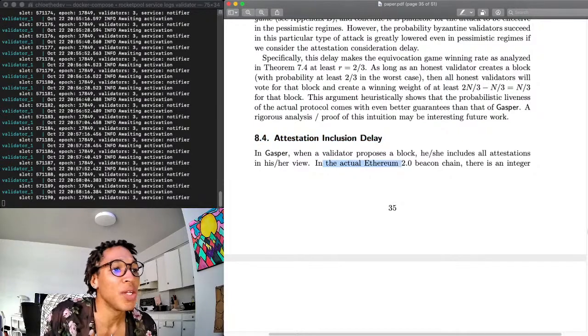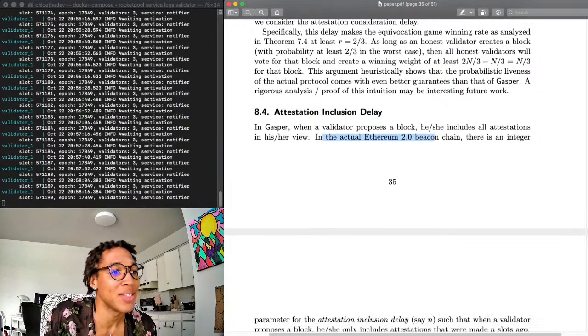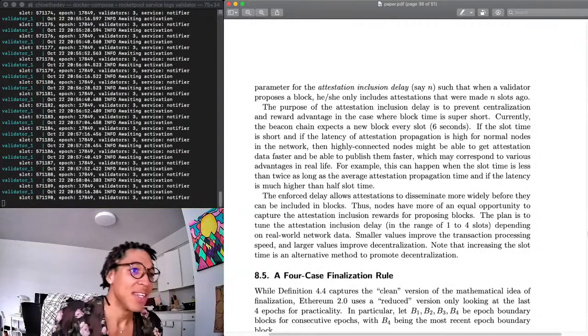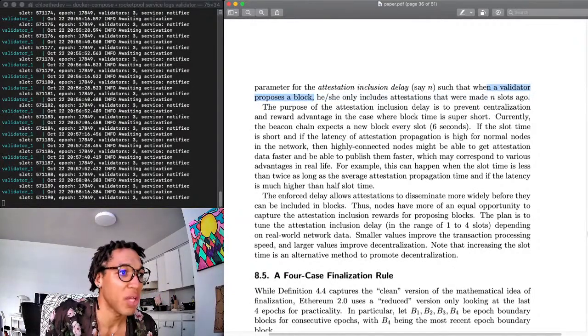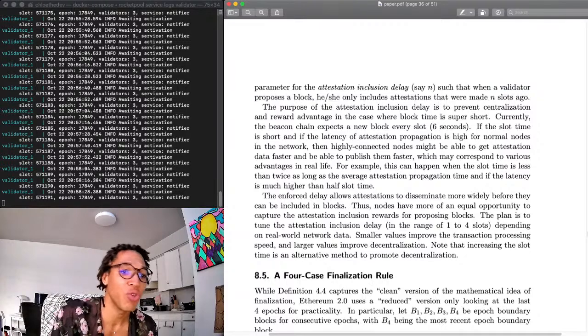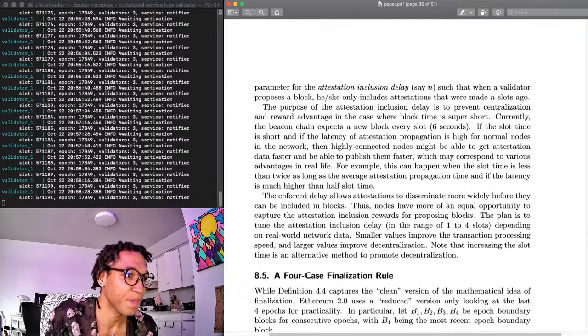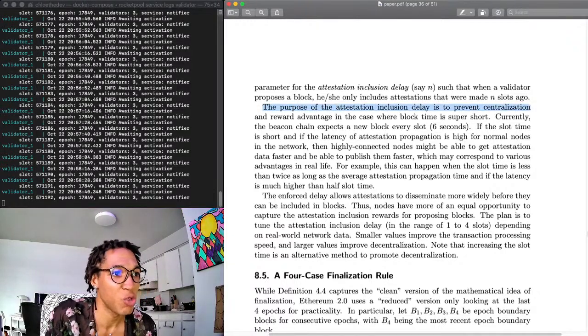In the actual ETH2 beacon chain, there is an integer parameter for the attestation inclusion delay, say n, such that when a validator proposes a block, he or she only includes attestations that were made n slots ago. So you're only including attestations that are recent to the block that you're proposing. The purpose of this attestation inclusion delay is to prevent centralization and reward advantage in the case where block time is super short.